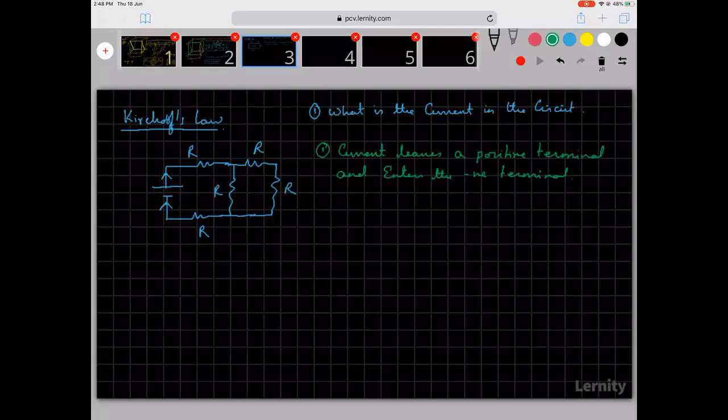Then understand that current leaving a battery equals current entering a battery. So if I is leaving this way, same I must be coming. Why should current I entering be equal to current leaving? Because the battery does not create or generate charges. It only makes the charges move around.